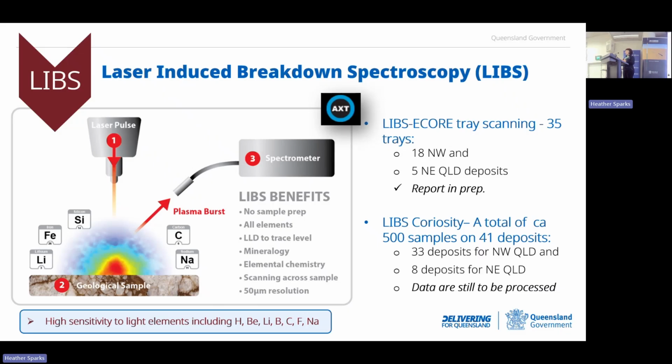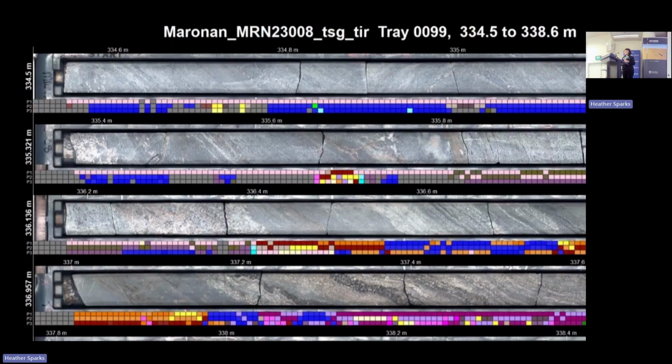The other work we've done, we actually had one of the instruments at EDC for a couple of months, and we went crazy and we scanned about 500 samples. So this is still a backlog of data which we need to process, and we hope early to mid next year that will be processed and data will be released.